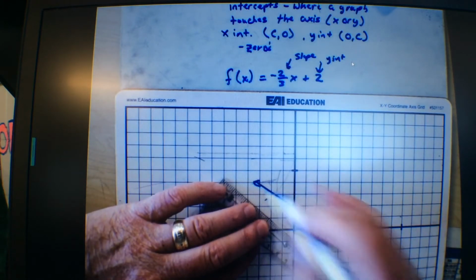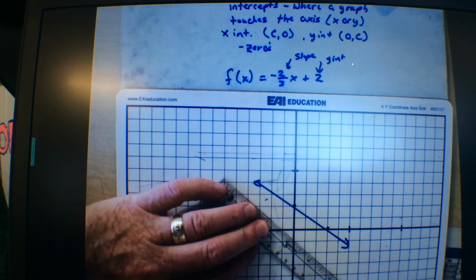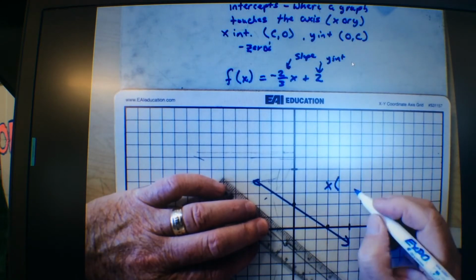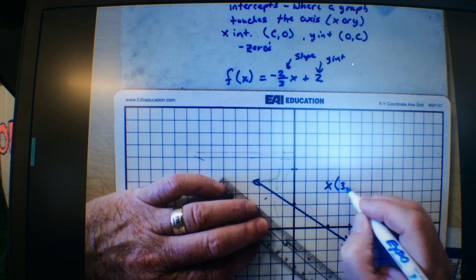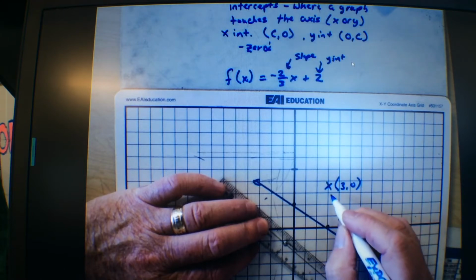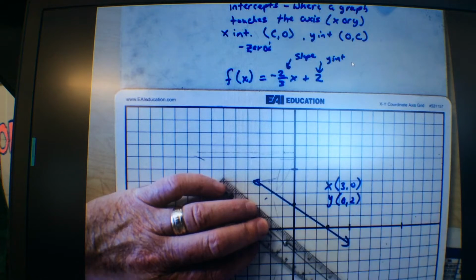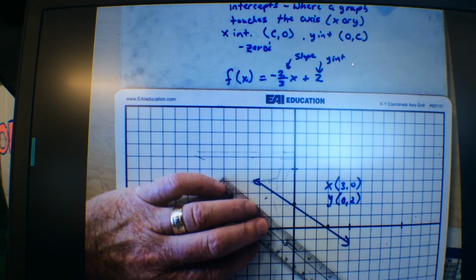So, the question says, find the x and y intercepts. Okay, the x is 3, 0. The y is 0, 2. There you go. And there you have it.